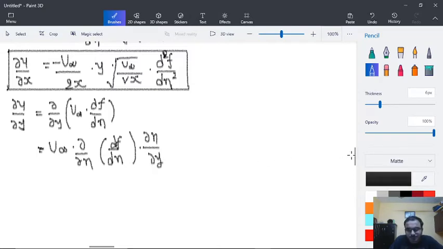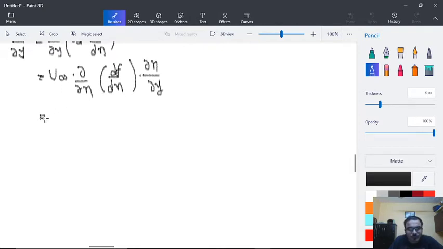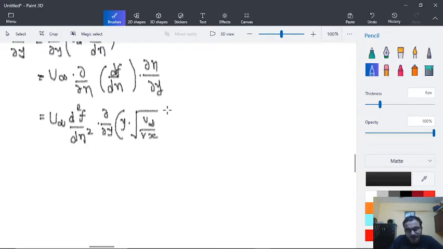So here, which is equal to u infinity d2f over d eta square into del over del y into y into square root of u infinity divided by nu into x.